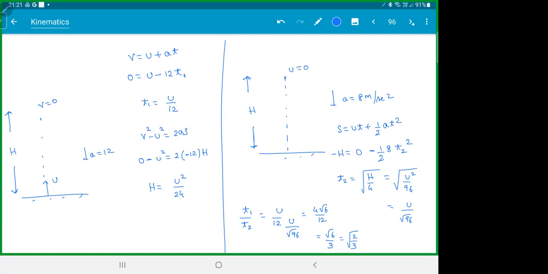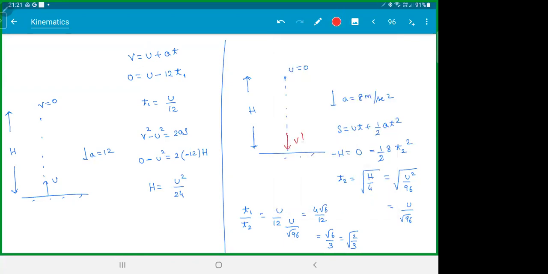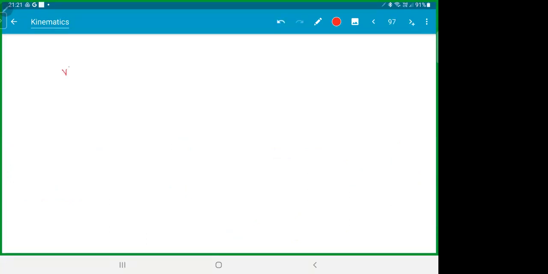The mistake people make is that they think time of ascent is u by g and while coming down it is also u by g. This is wrong. The time of ascent will be equal to time of descent only if you go with speed u and come back with speed u. Here you won't come back with speed u. You'll come back with some other speed, v dash. I didn't ask you that, but if I want to find that, it would be v dash square minus 0 square equals 2 times minus h times minus 8.